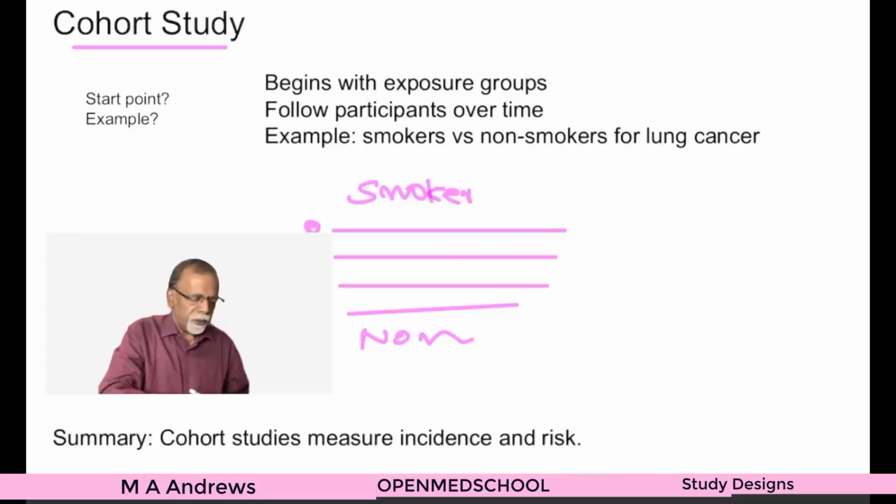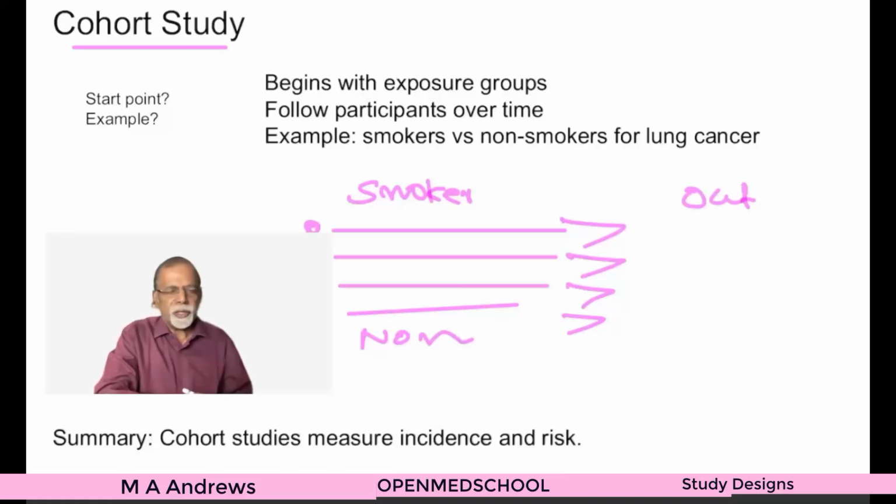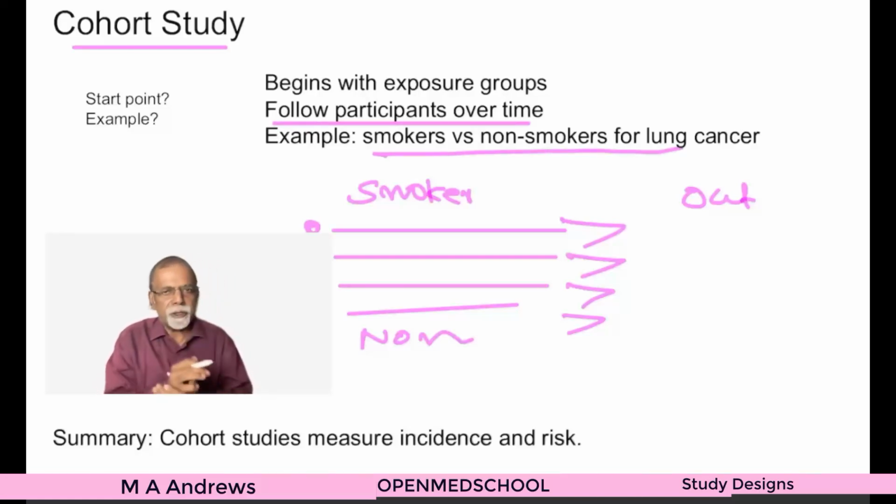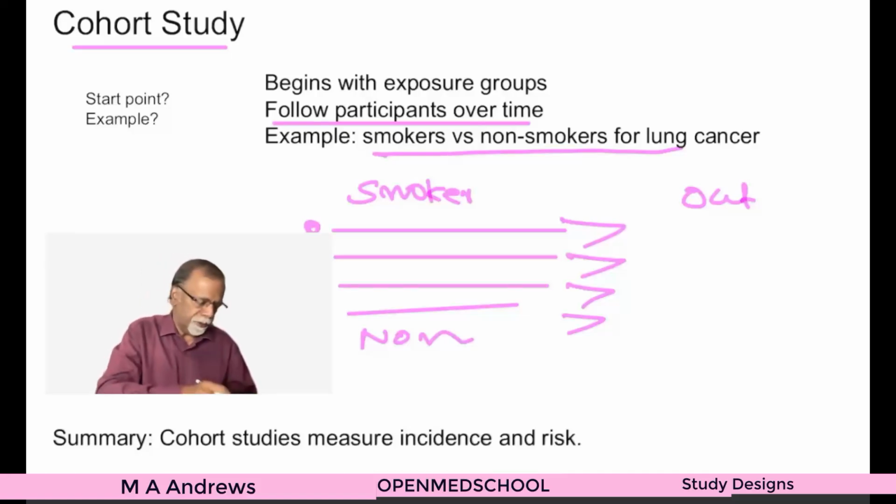Then you are observing the patients or the population over time and looking for the outcome. So what is the outcome? Outcome is development of a bronchogenic carcinoma. So you are following up the patients over time, smokers versus non-smokers. So there is a comparison group also. So a cohort study is a type of observational study. At the same time, it is an analytical study.